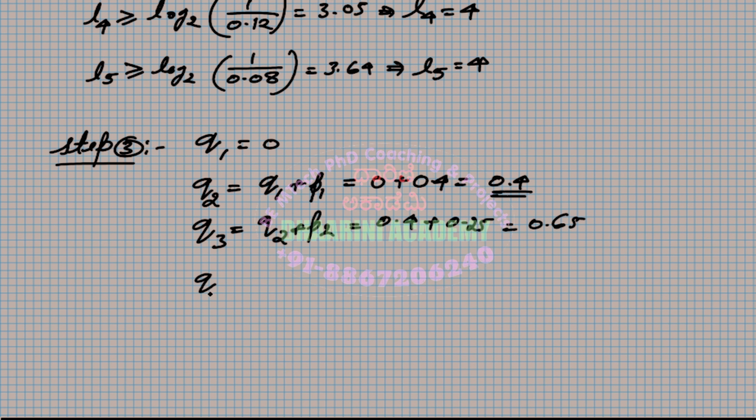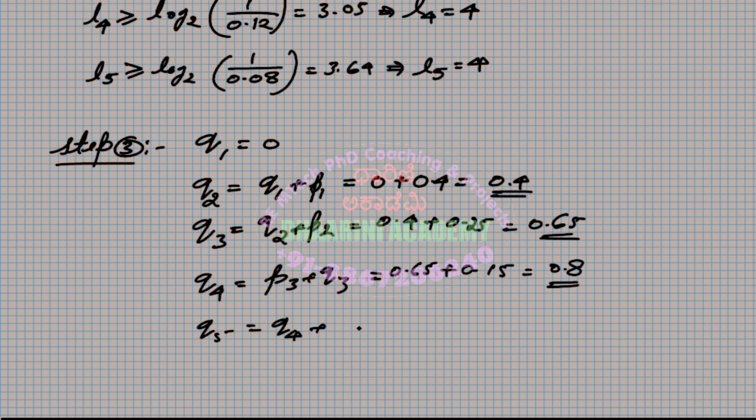Then Q4 is equal to P3 plus Q3. So 0.65 is my Q3, and to this, I'm going to add 0.15. So that is 0.8. Q5 is equal to Q4 plus P4.